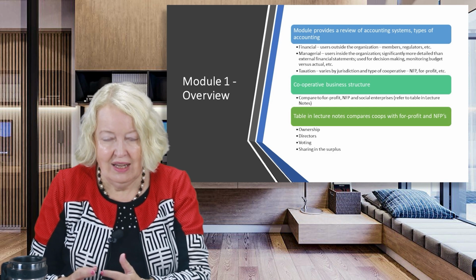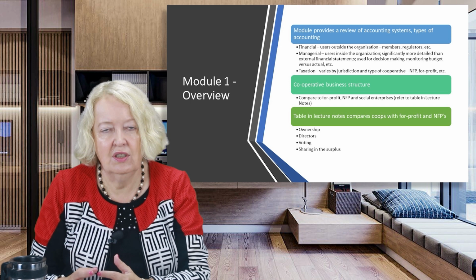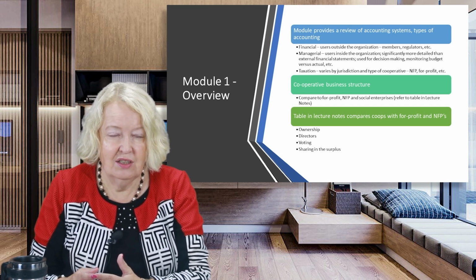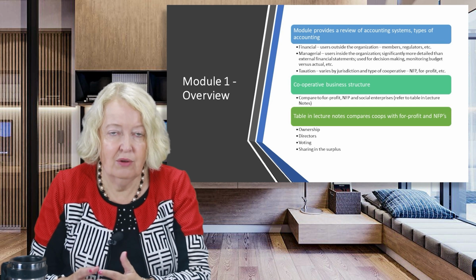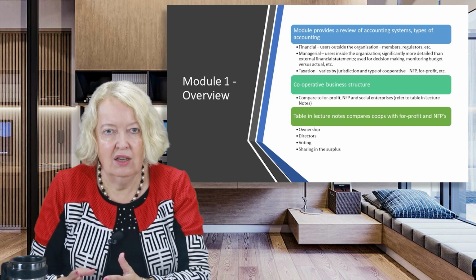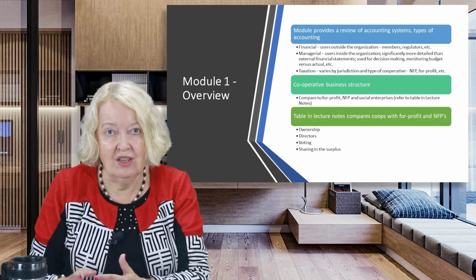So it's important to have this information. The typical type of information that you see internally would be your budget versus actual report, and that would highlight why the variances have occurred, why you're over or under budget on certain accounts.